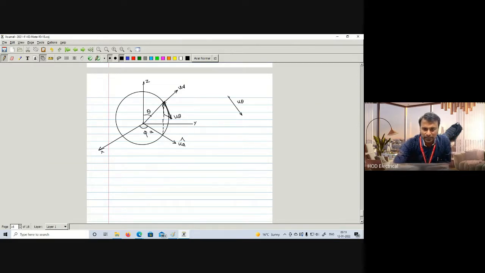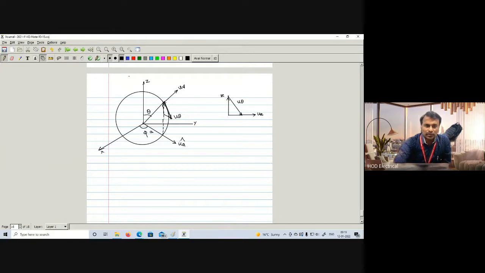If I draw this separately, we have this direction as the z-axis direction, and this will be u theta, u phi, u_a direction.